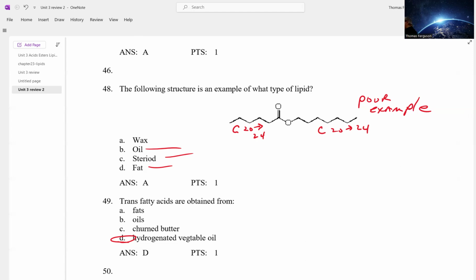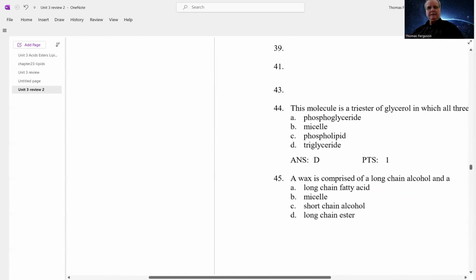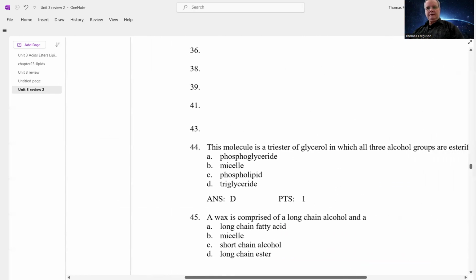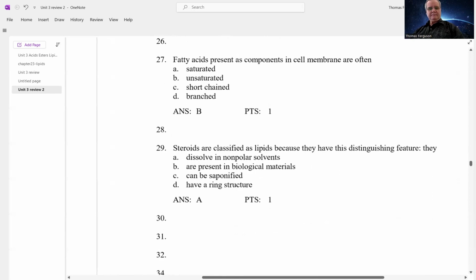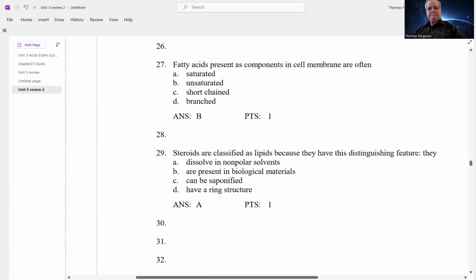And the reason why they're solid at room temperature, like a candle or beeswax, is because of these really, really long carbon alcohols and carbon acids. We did not cover this in lecture.